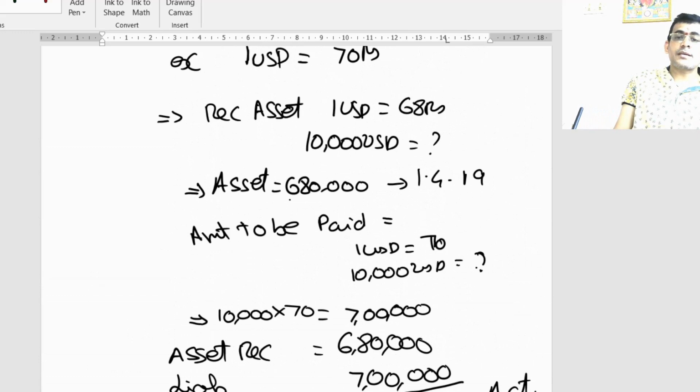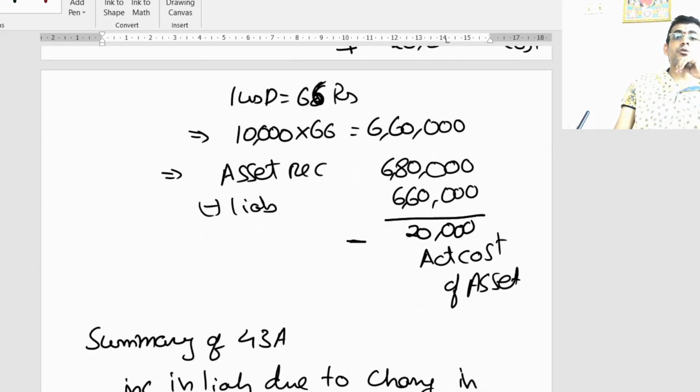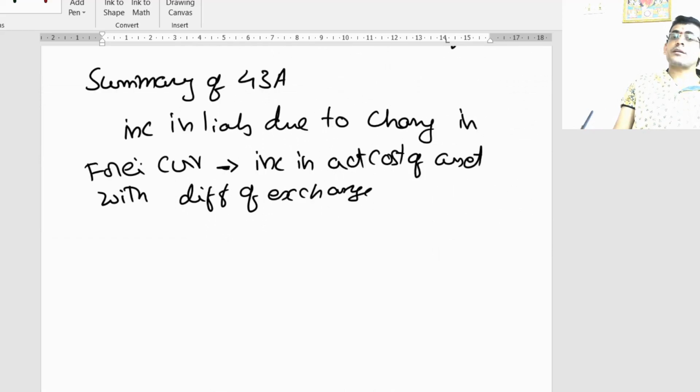In this example, I recorded the asset at 6 lakhs 80, and my liability increased to 7 lakhs. So this 20,000 is the increase in liability due to change in foreign currency rate. So I will add 20,000 to my actual cost of the asset.